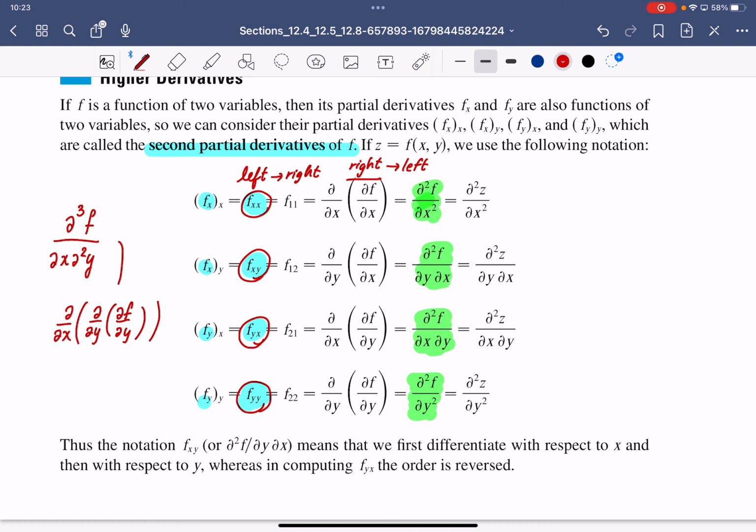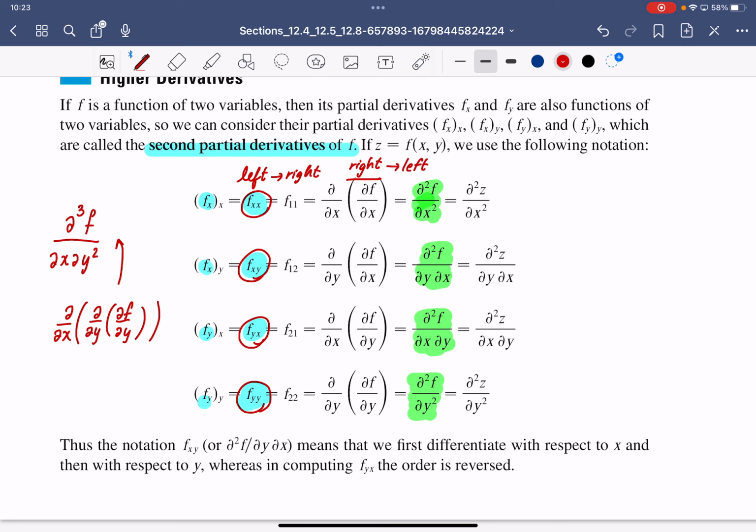So the notation has differentiate 3 times on the top part, and then curl x, curl y squared on the bottom.